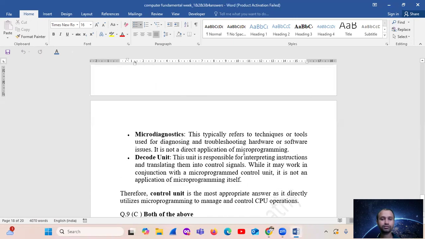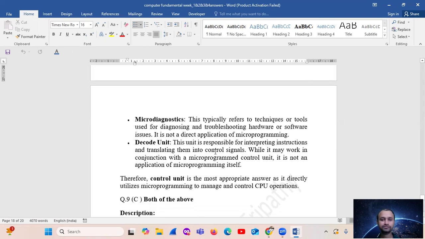Other options देख लेते हैं. Micro diagnostics. So this typically refers to techniques or tools used for diagnosing and troubleshooting hardware and software issues. So it is not an application of microprogramming. Then the decoding unit is responsible for interpreting instructions and translating them into control signals.